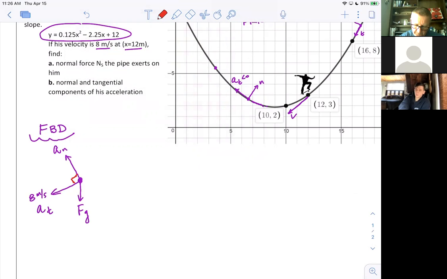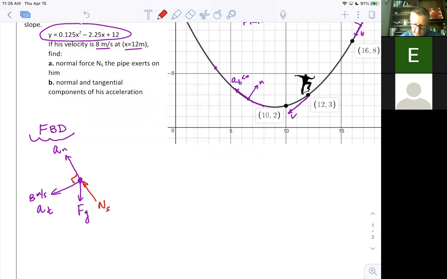Yeah. The normal force of the skater. Notice that's going the same direction as a_N is. And as a matter of fact, I could have even drawn it up there if I wanted to. So that normal force, the pipe is pushing on the skater. And if it wasn't, he'd be falling straight down.